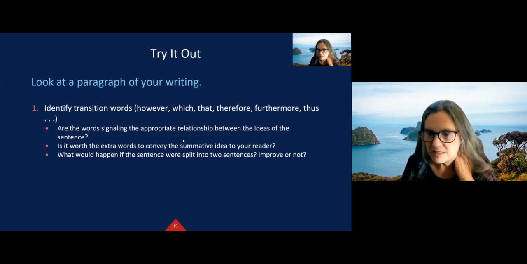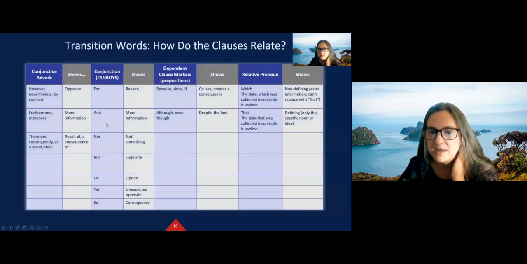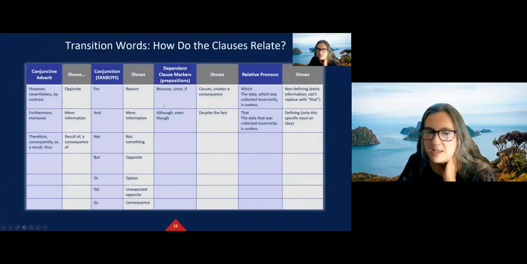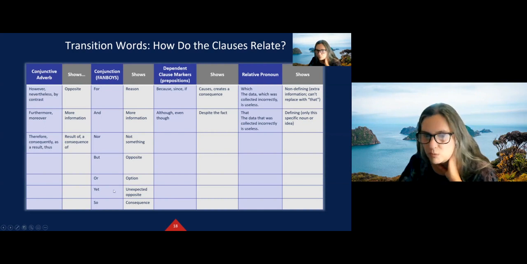And again, I'm not expecting you to remember, but when you're on your own, you might refer to this chart and think, is it signaling what I want it to signal? Am I using however when I really mean moreover, for instance? Am I using for when I really mean but or and, and so forth?